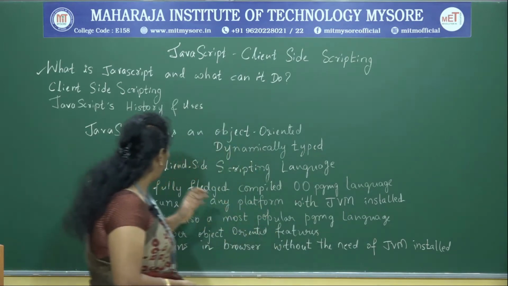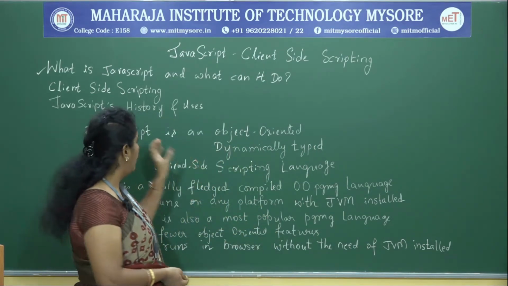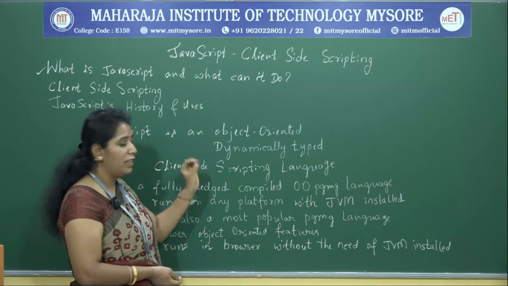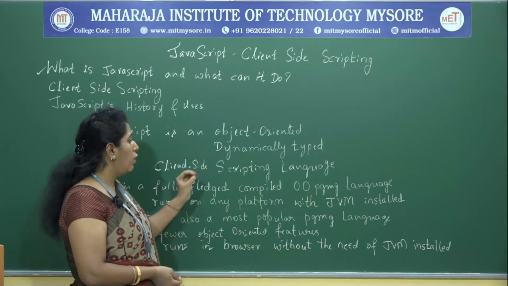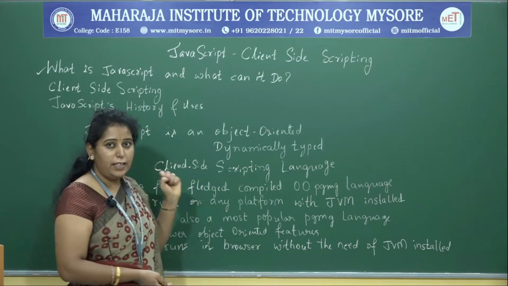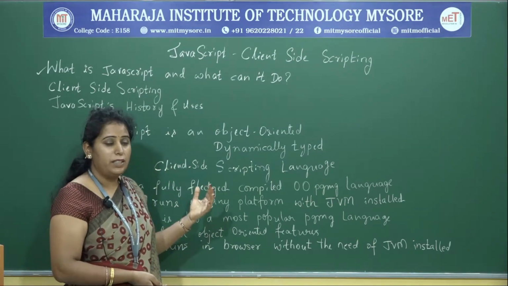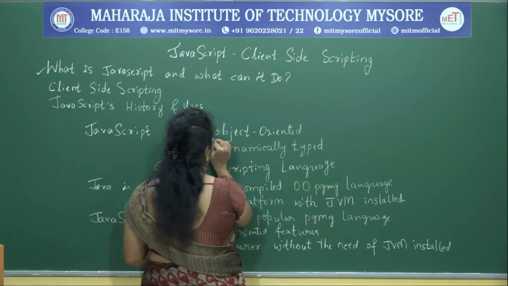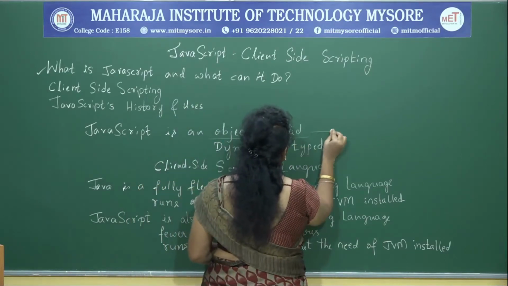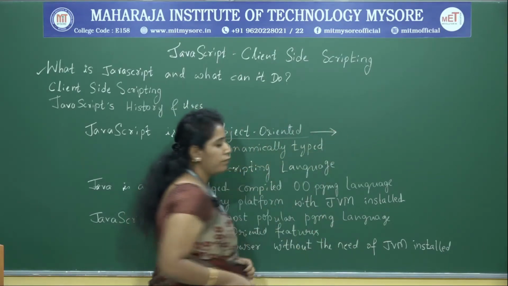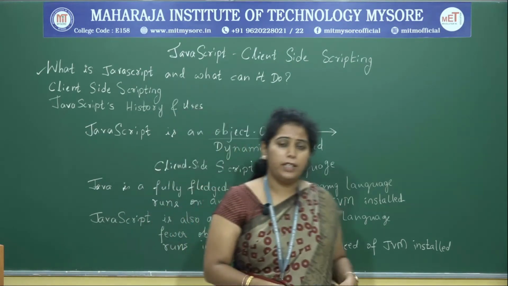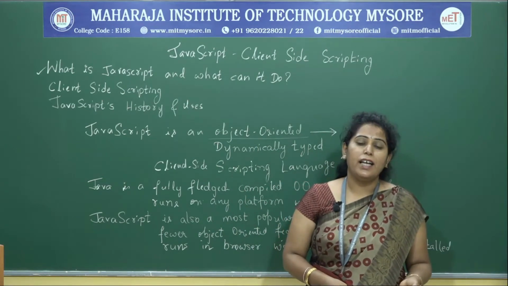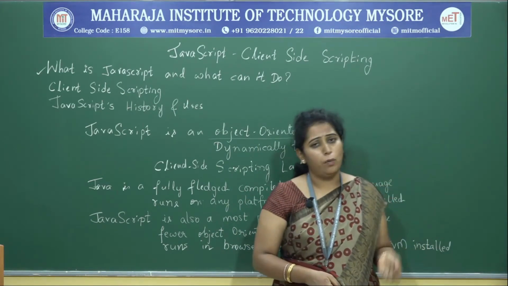Next, while defining JavaScript, I said it is object oriented, dynamically typed, and a client-side scripting language. Now you have to understand in detail why JavaScript is named object oriented. Here everything in the language is an object.